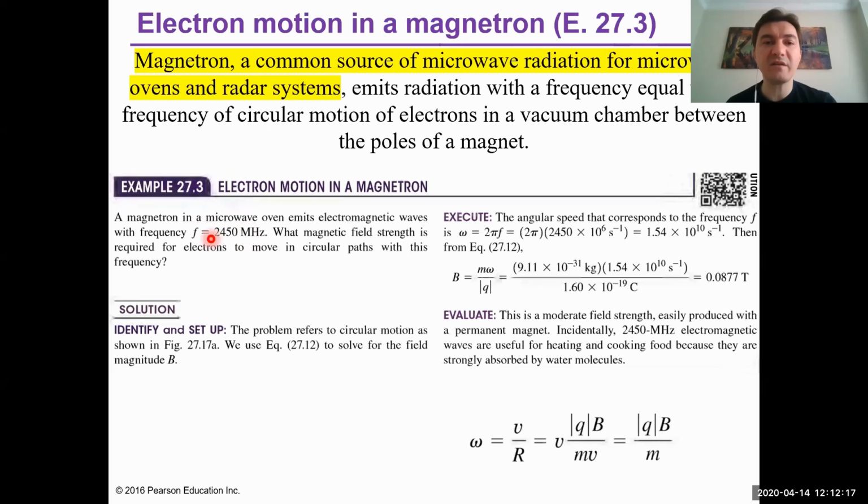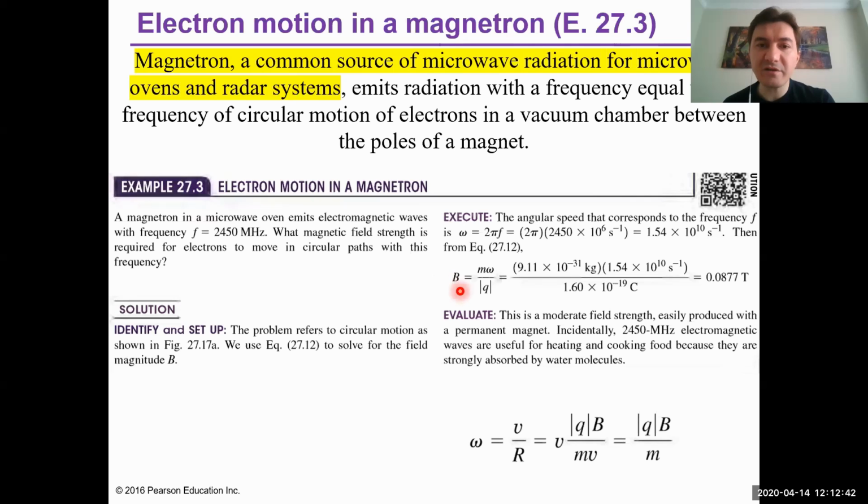The frequency is given here. So what is the magnetic field? We know that formula. Angular speed is given by 2 pi f. f is given here. Put it there. Instead of hertz, just use 1/second. And then you get the angular frequency.